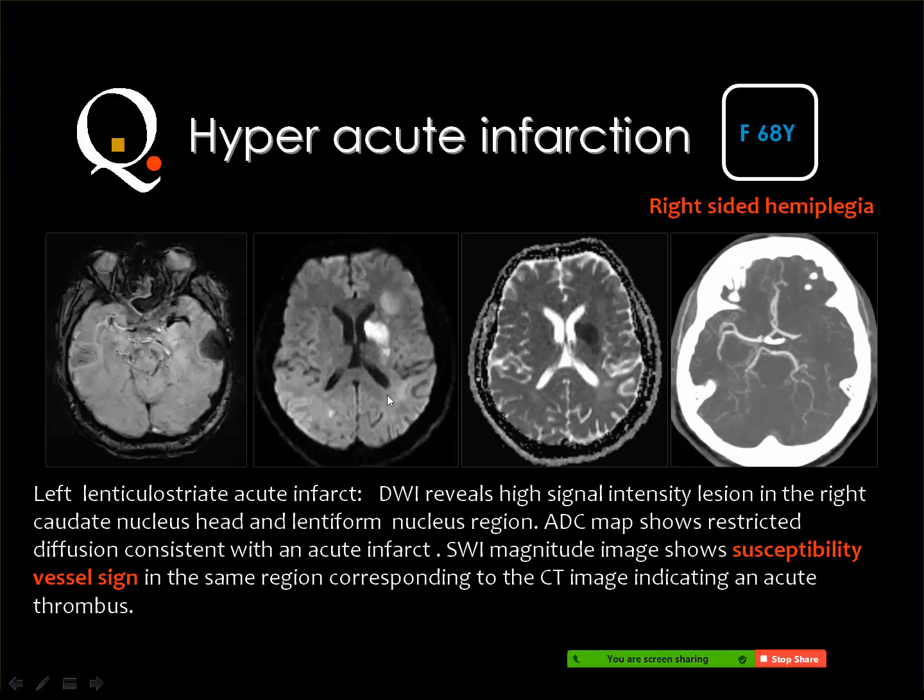You get an infarction in the middle cerebral artery territory showing diffusion restriction on the diffusion weighted image, and this is the ADC, and this is CT angio showing occlusion of the middle cerebral artery.